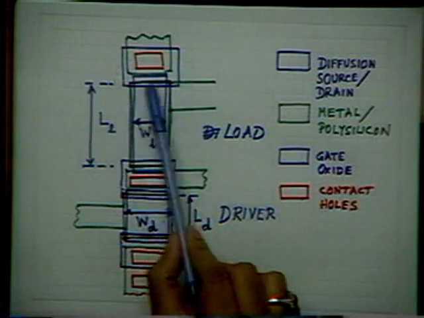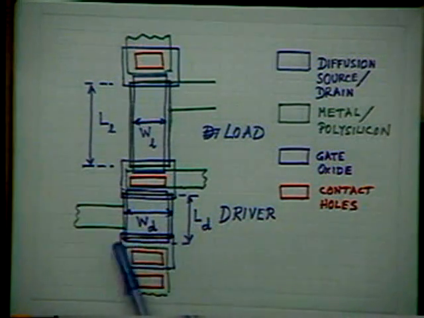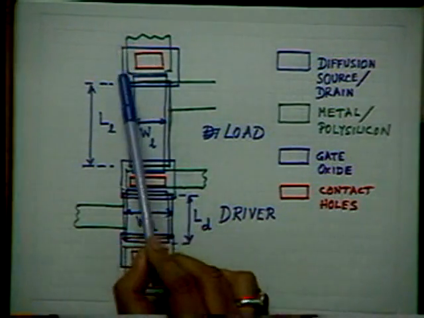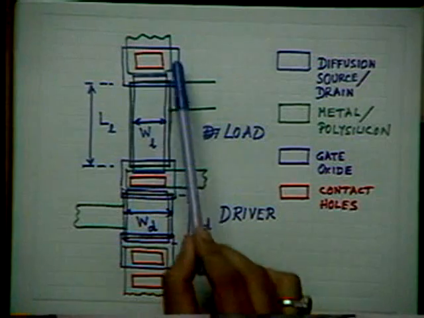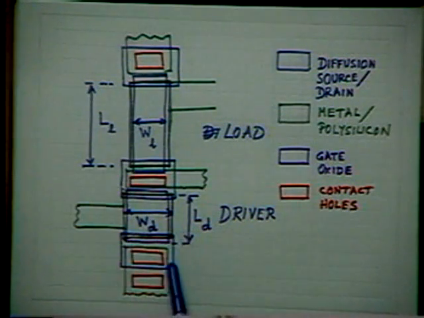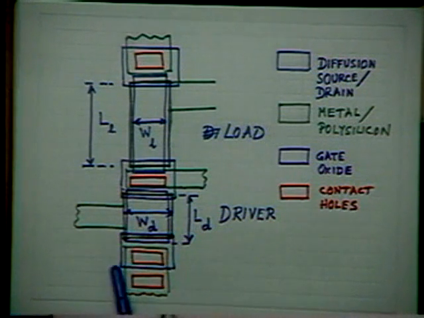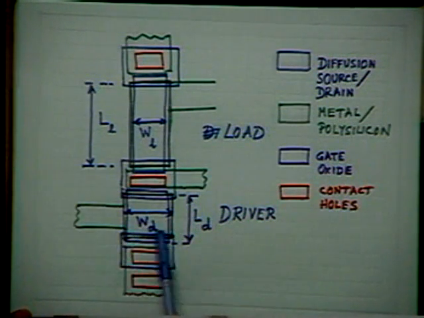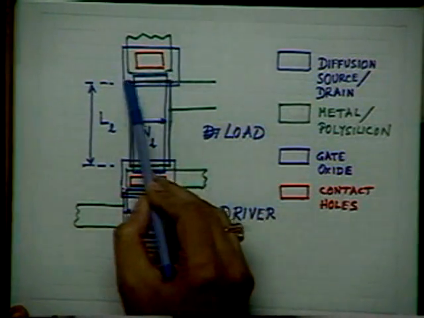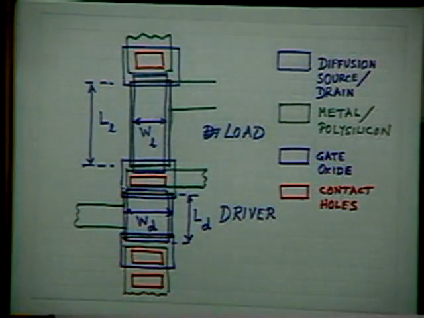start with diffusion of the source drain. So this one is the drain of the load transistor, and this one is the source of the driver transistor. Source of the driver transistor, this one, and this is the drain of the load transistor.